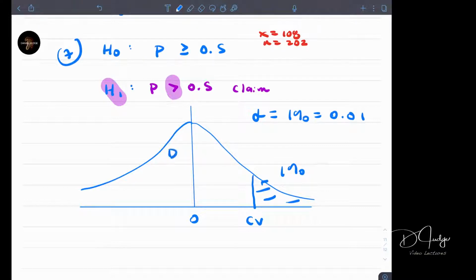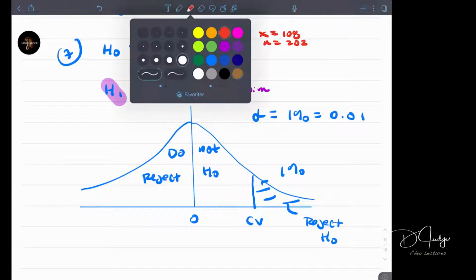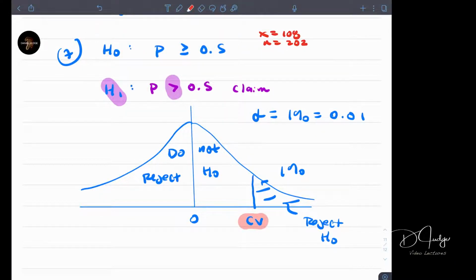Okay, so here you do not reject the null, and over here you reject the null. So we need the critical value again, ladies and gentlemen, and this is alpha's 1%, it depends on your calculator, right?